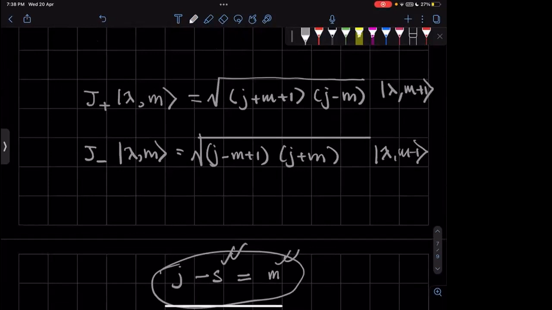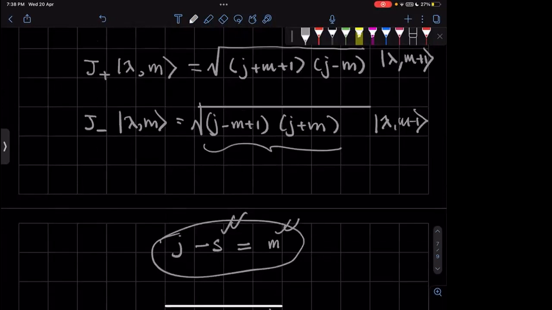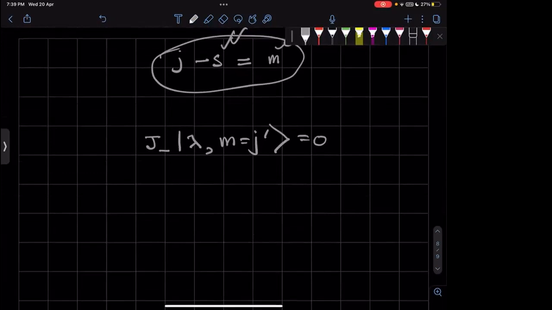How can we get this 0? Well, we can get 0 from here. So this means that this thing is essentially 0 for m equals j prime. So that means that j minus j prime plus 1, j plus j prime is equal to 0.